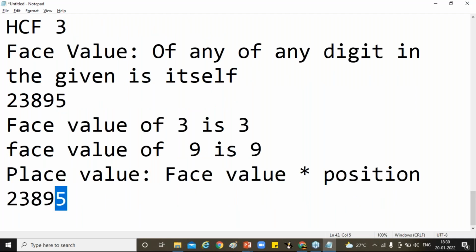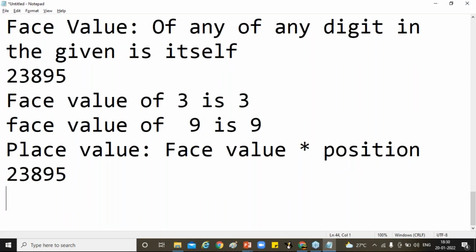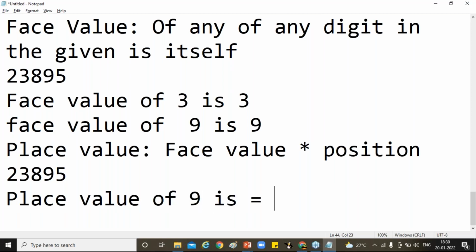This is the units place, this is the tens place, this is the hundreds place, this is the thousands place, and this is the 10,000s place. The place value of 9 is the face value of 9 into the tens position, which means 90 is the place value.